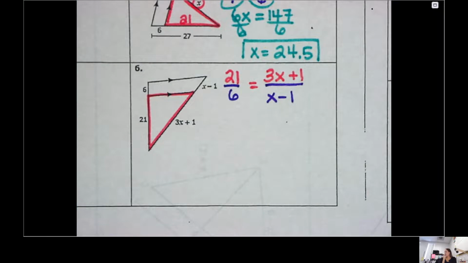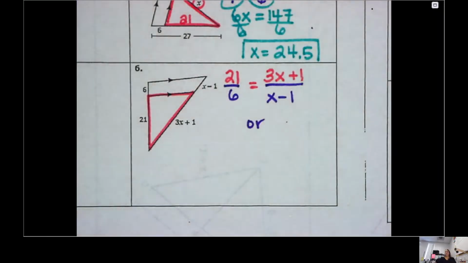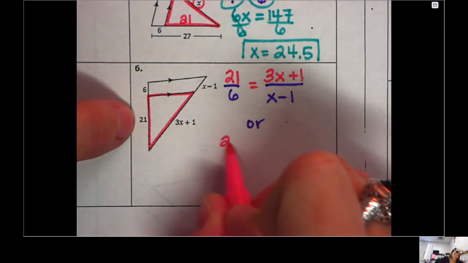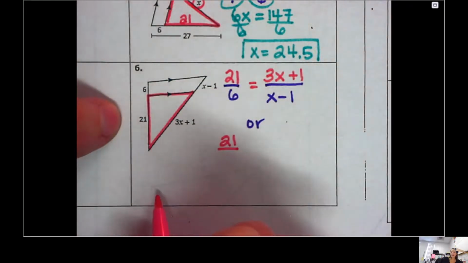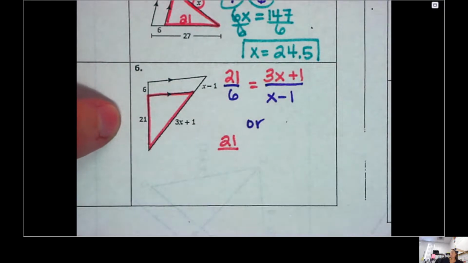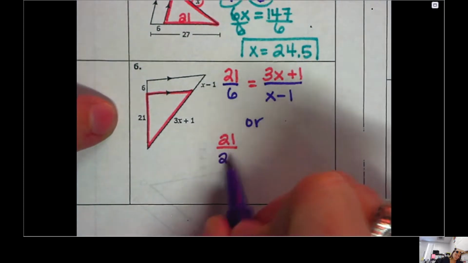There's another way to write it. What's another way to write it? We can do 21 over 27. Okay, so you can do 21, this small piece, over the whole side length, which is adding the 2 together. So that's 27.